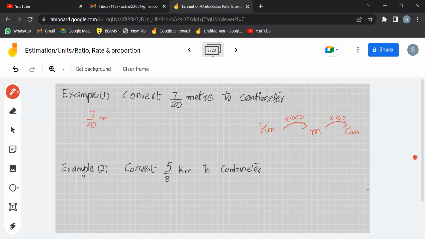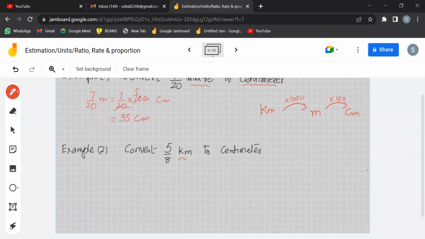From meters to centimeters means from left to right. So you multiply 7 over 20 by 100. Simplify by 5 here, and so we have 35 centimeters.